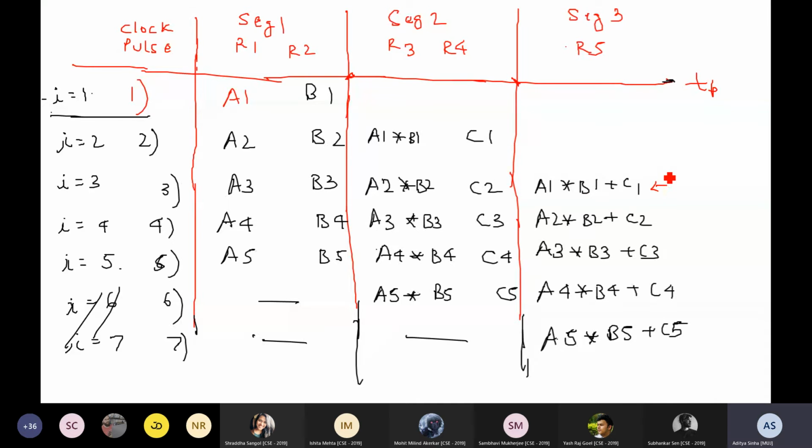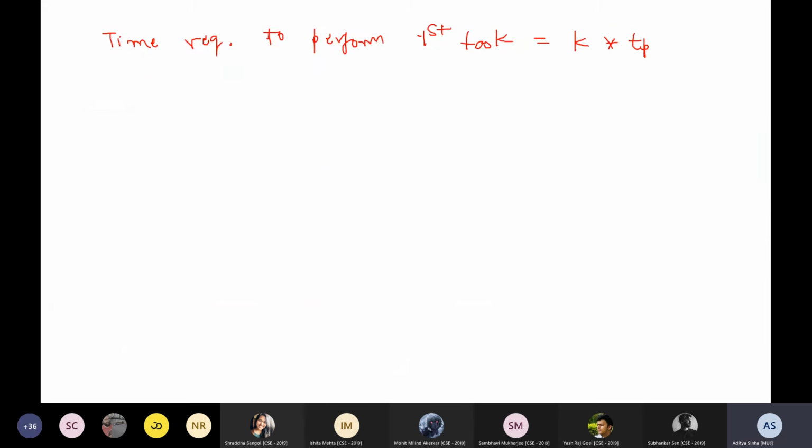K into TP. टाइम्स लगेगा ना, पहले सेगमेंट को जो वो पूरा कर लेगा, तीनों सेगमेंट्स पूरे करने के बाद जो टाइम टोटल लगेगा, तीनों टाइम्स को मल्टीप्लाई करेंगे. Each of the segment is taking TP time. So k, all the segments multiplied, सारे सेगमेंट्स का टाइम जितना लगेगा, that will be taken as the first time taken for the first task.